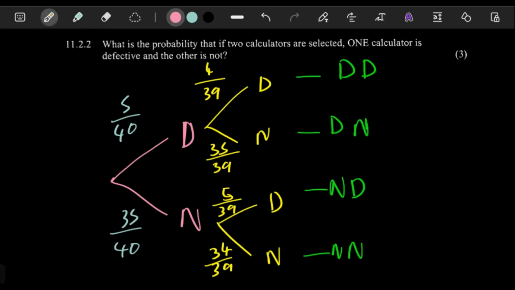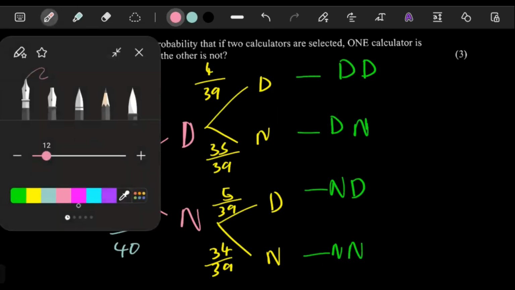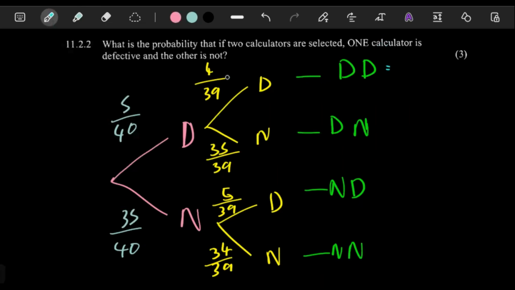So keeping that in mind, each outcome is this times the previous one. We want a scenario where it's one defective and one non-defective, so it means this or this.